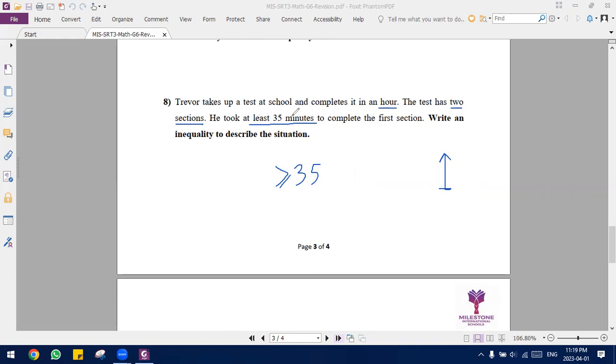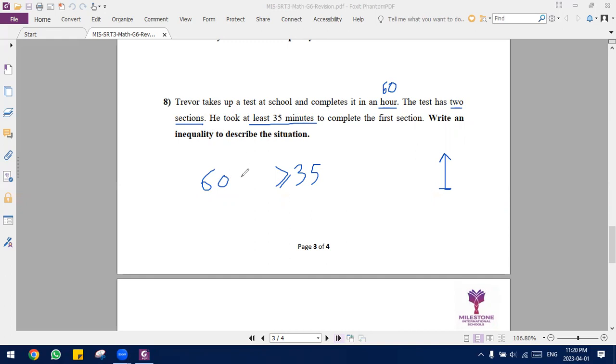Now here the test is given in minutes. The exam is 1 hour, so we need to convert it. 1 hour means 60 minutes. So the exam is 60 minutes. The test has 2 sections. He took at least 35 minutes to complete it.